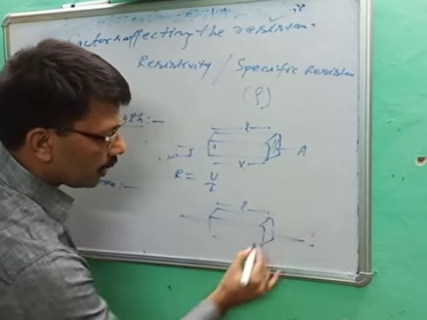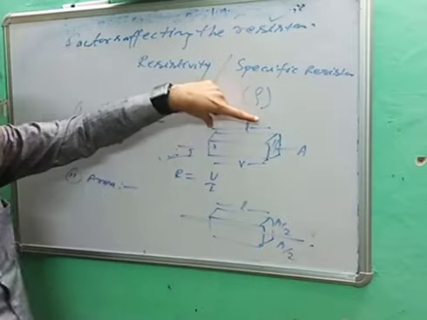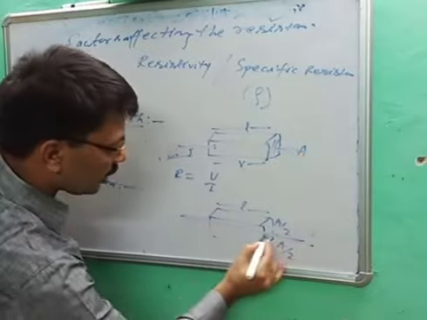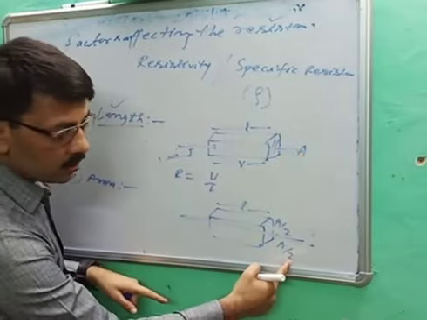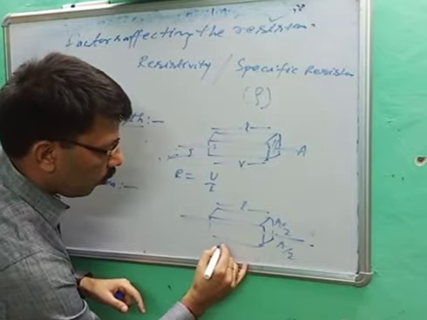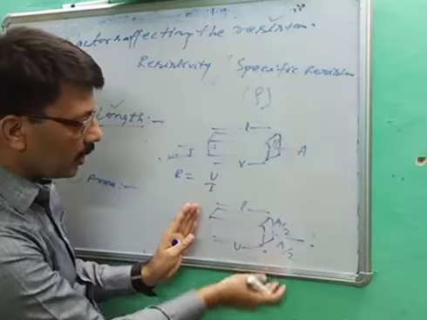Length is the same, but the area becomes A by 2 and A by 2. In the same question, we cut this block from the middle like this. The area becomes A by 2, half. Here the area was A.